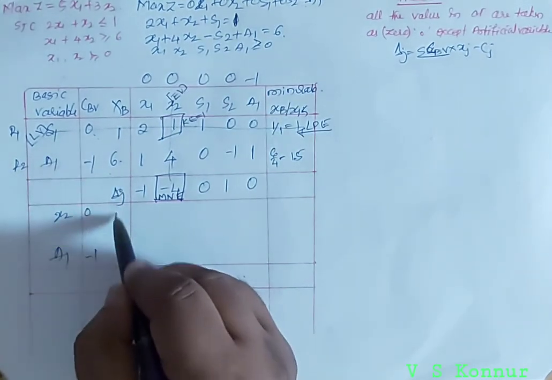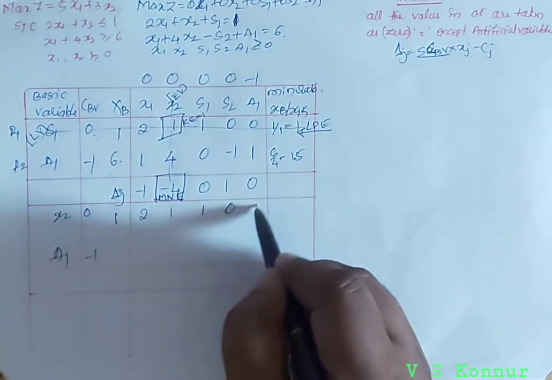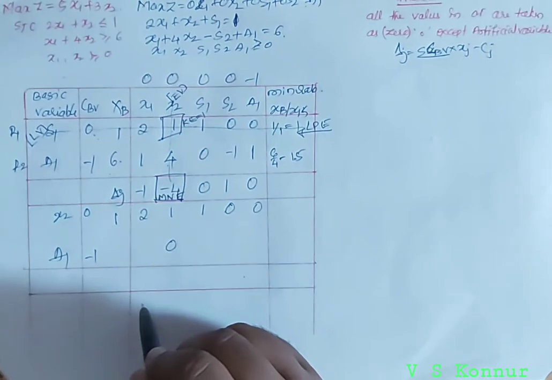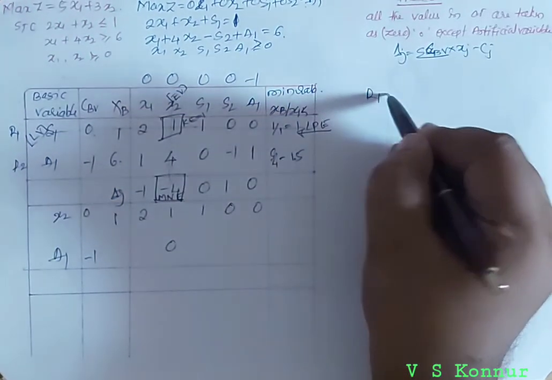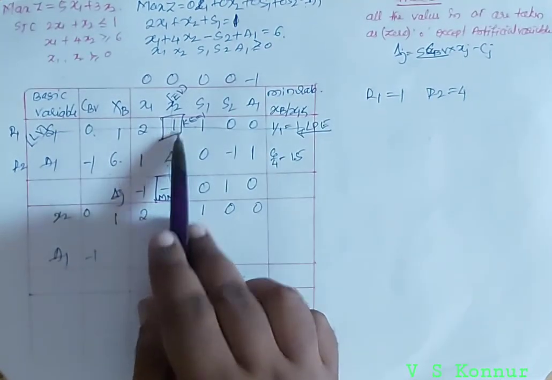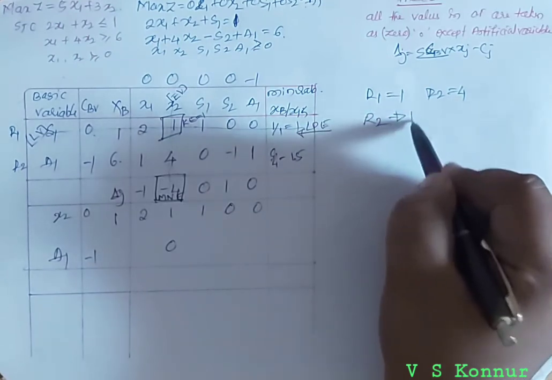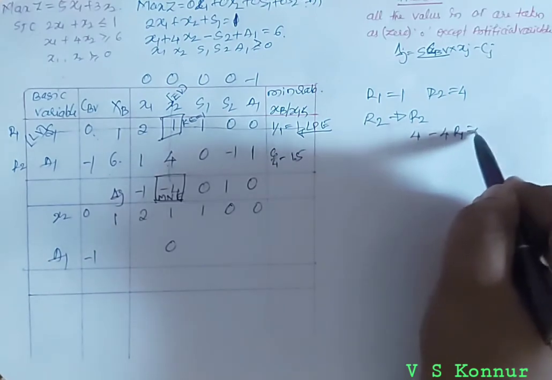Now this row remains as it is. I will write as it is only here. For this row we have to write the equation. This we should make it 0. That 4 we should make it 0. For that R1 is equal to 1, R2 is equal to 4. So by considering R2 is having 4, minus 4 R1 equal to 0.